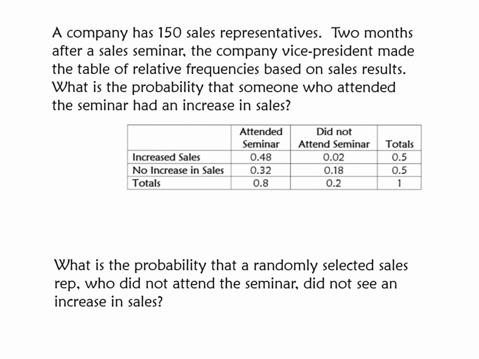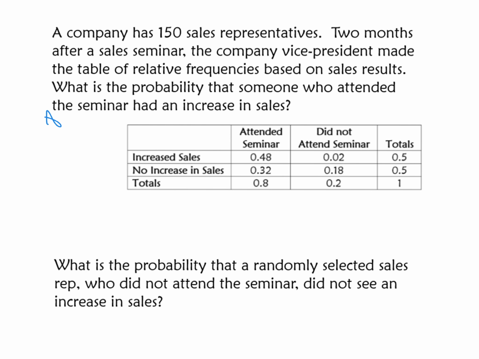Okay, last one. A company has 150 sales representatives. Two months after a sales seminar, the company vice president made the table of relative frequencies based on sales results. What is the probability that someone who attended the seminar had an increase in sales? Then we want to know what's the probability that a randomly selected sales rep who did not attend the seminar did not see an increase in sales. Okay, so let's look at the first part here.